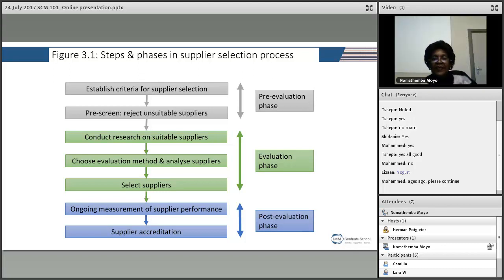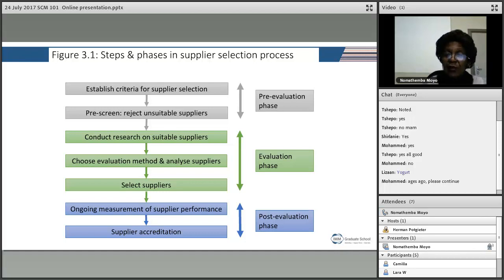Steps and phases in supplier selection. How do we select our suppliers? Establish criteria for supplier selection. We say, how are we going to get this? This is the pre-evaluation phase. Then you pre-screen and reject unsuitable suppliers. That's the second.